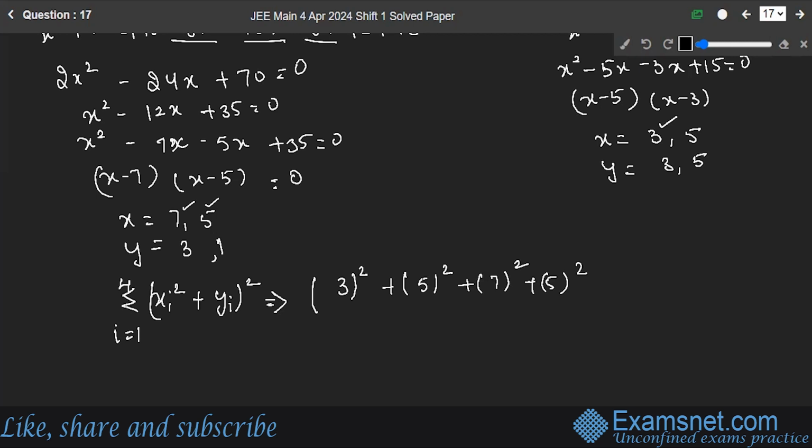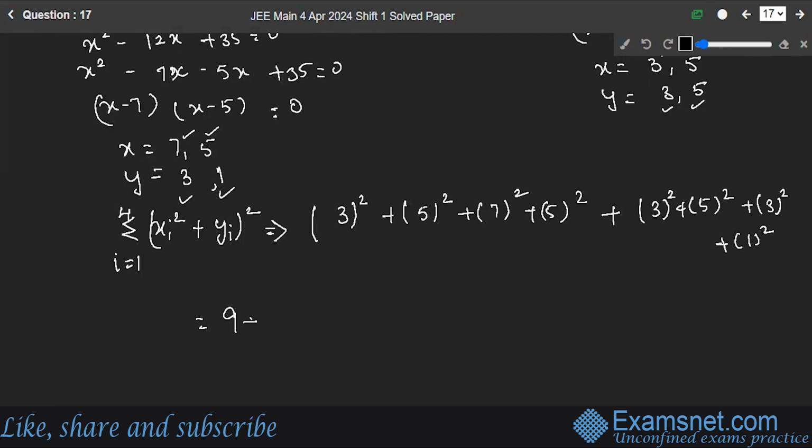All right. These are the values for x. Now, let's start with the values of y. So, 3 square, 5 square, plus 3 and 1. It was 1? Yes. So, 3 square plus 1 square. This is equal to 9, 25, 49, 25, 9, 25, 9 and 1.